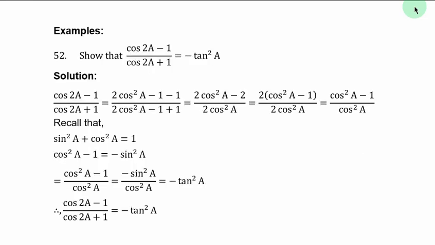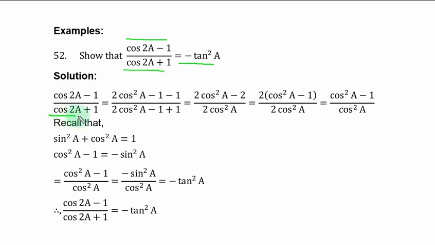You have example 52. Show that cos 2a minus 1 over cos 2a plus 1 is equal to minus tan squared a. Solution.